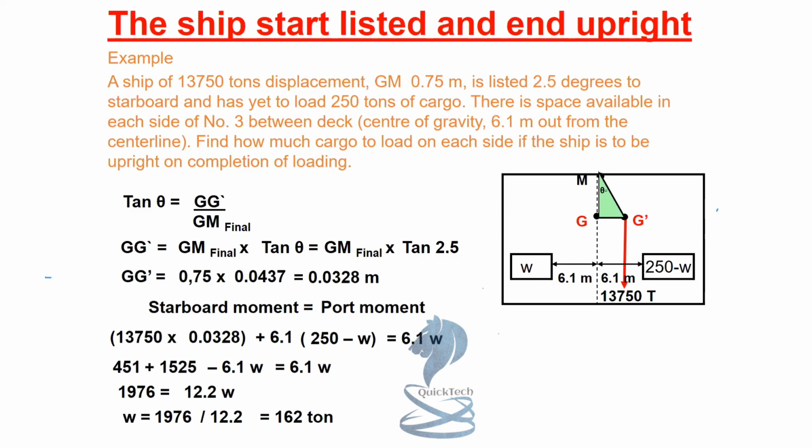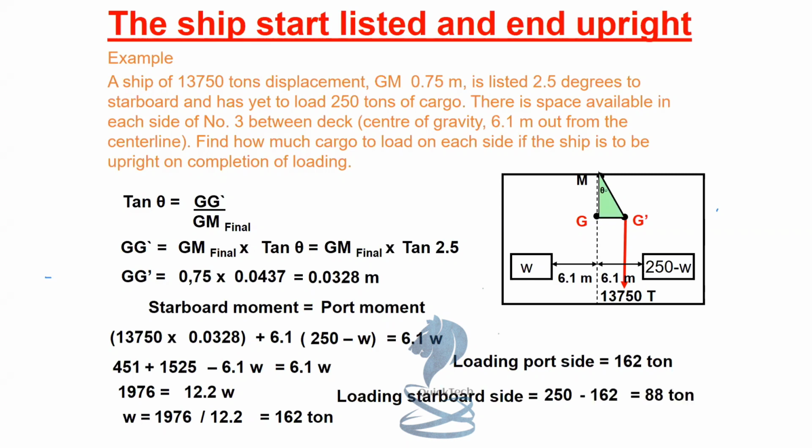That means we have to load 162 tons on the port side. Hence, cargo to be loaded on the starboard side is equal to 250 minus 162 tons, which is 88 tons.